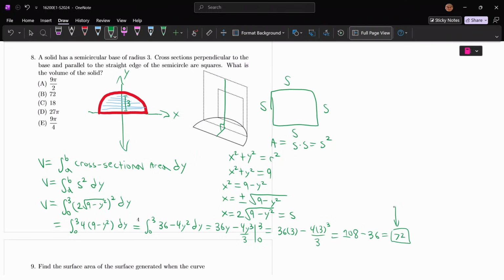And so this is going to be the volume of this solid. And so matching that up with the answer choices, the answer is going to be B.